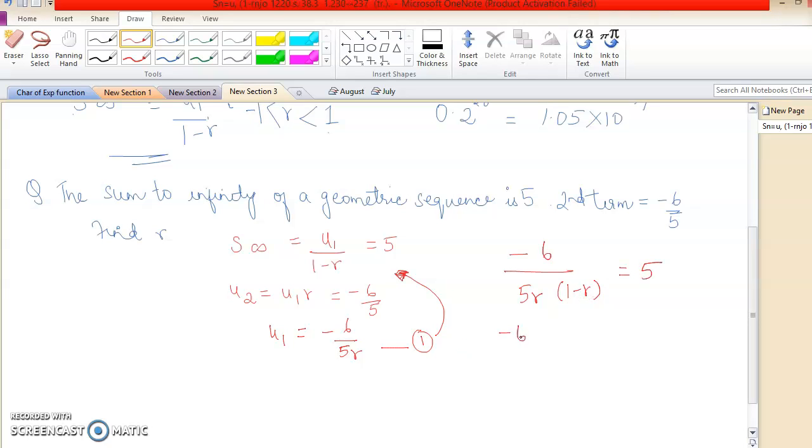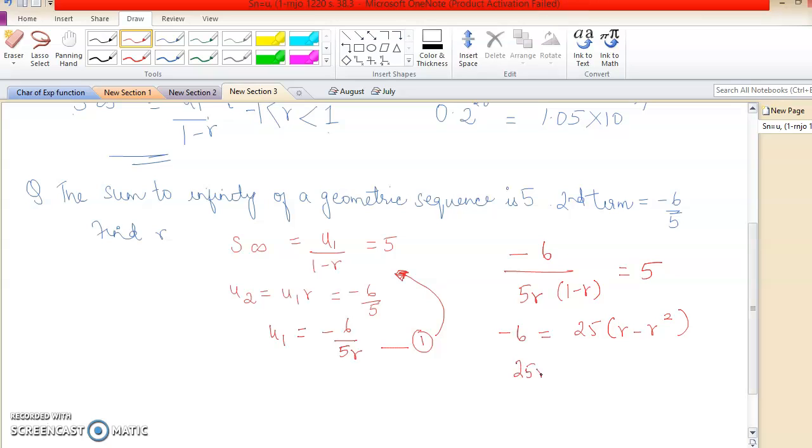We are going to get -6 is equal to 25 r minus r square. After this, I'm going to further simplify this. I will take the -6 to the other side and also make sure that it is in terms of a quadratic equation.